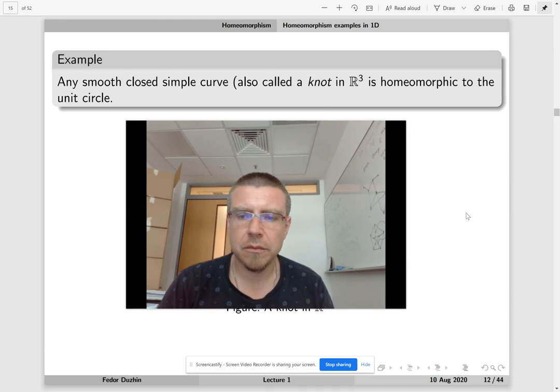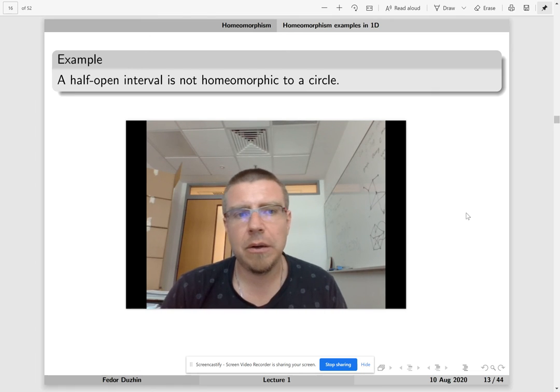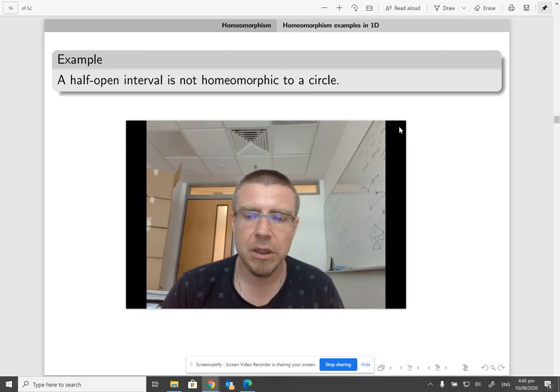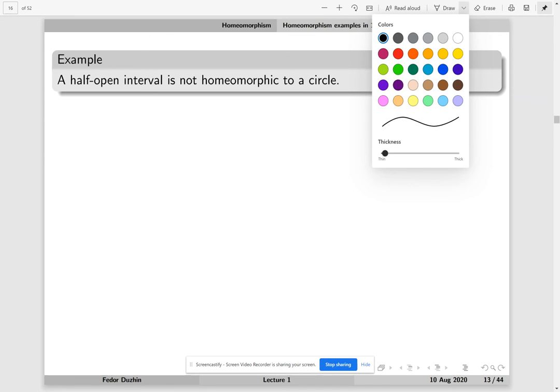Well, in the next example, we are going to see that a half open interval is not homeomorphic to a circle. Let me first explain why we may think that it is homeomorphic to a circle. Why did we even come up with this ridiculous idea?